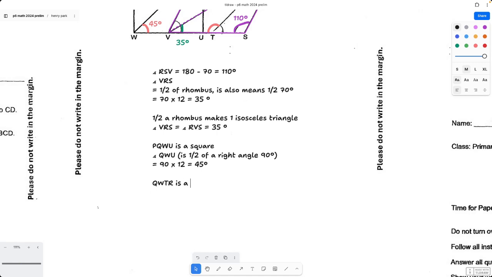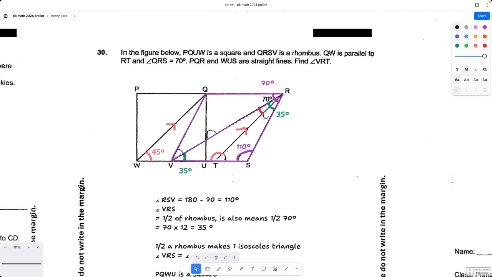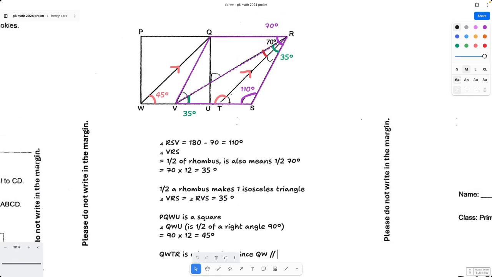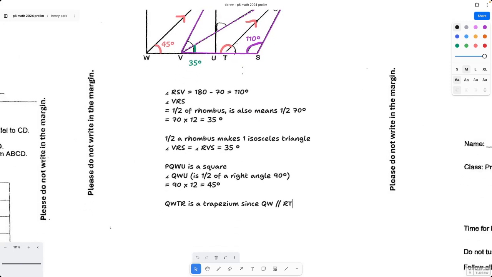QWTR is a trapezium, since QW is parallel to RT over here.